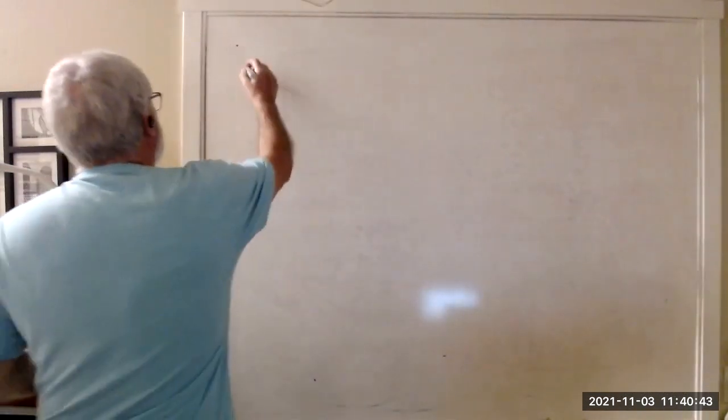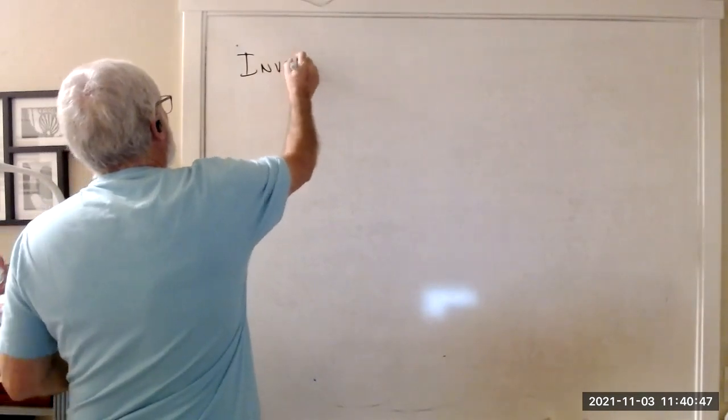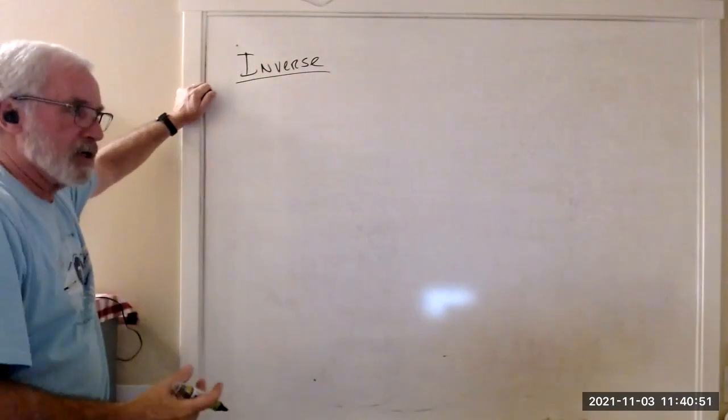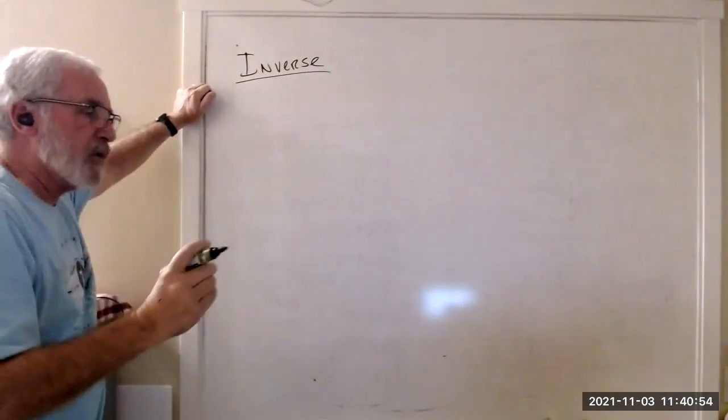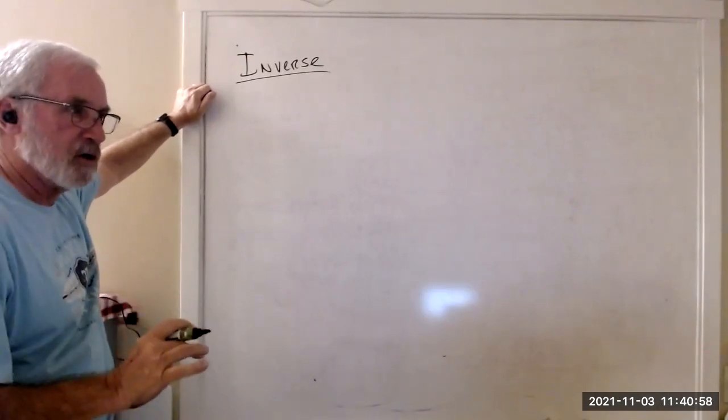Now, a little bit of theory. This is called inverses. I'm going to give you a little bit of theory and then we'll expand upon it tomorrow night a little bit. Everything in math has something that undoes it.